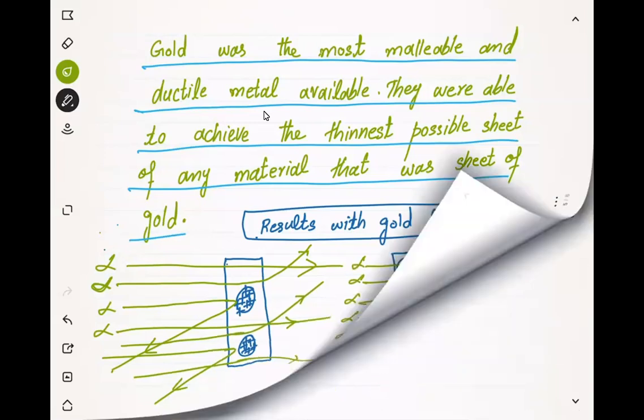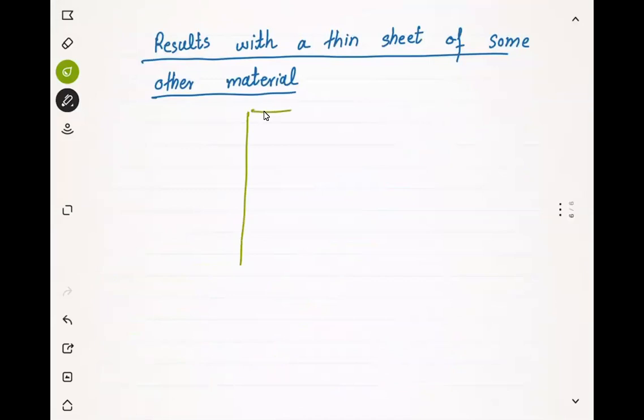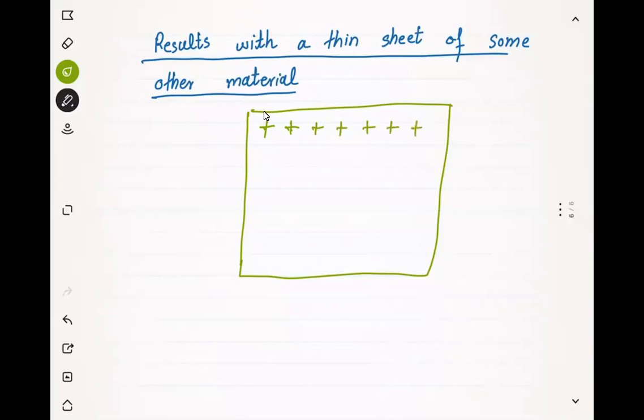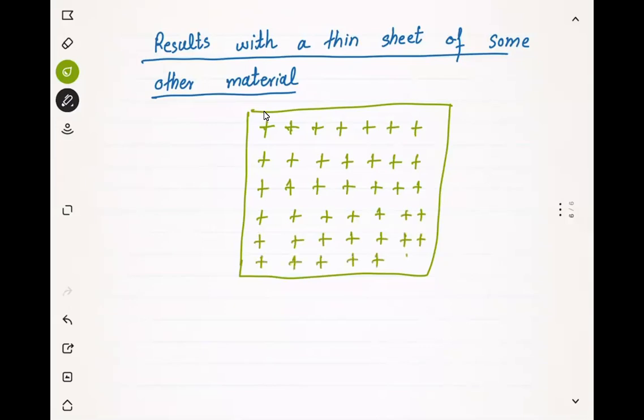However, if we used some other material, then the sheet will not be thin and the results would be that even the scattered charges provide some deflection, and if that deflection is combined together, now if we combine the results of all the small deflections, the outcome would be like this.